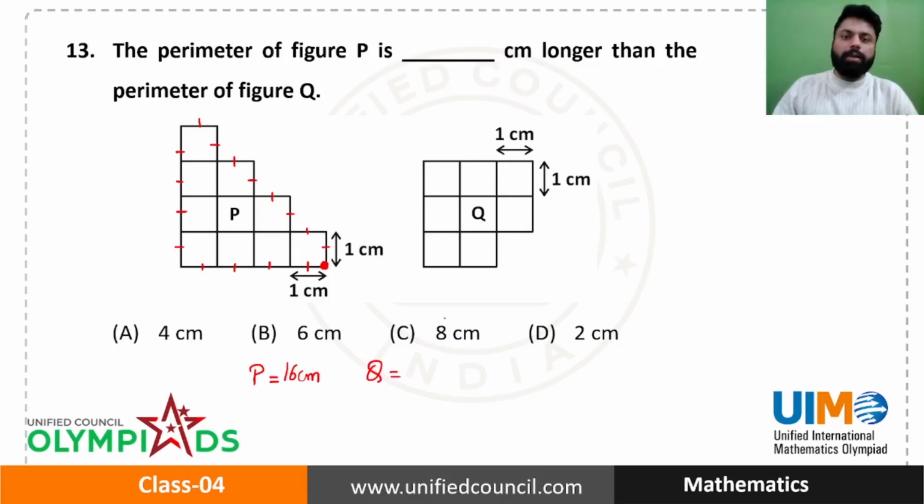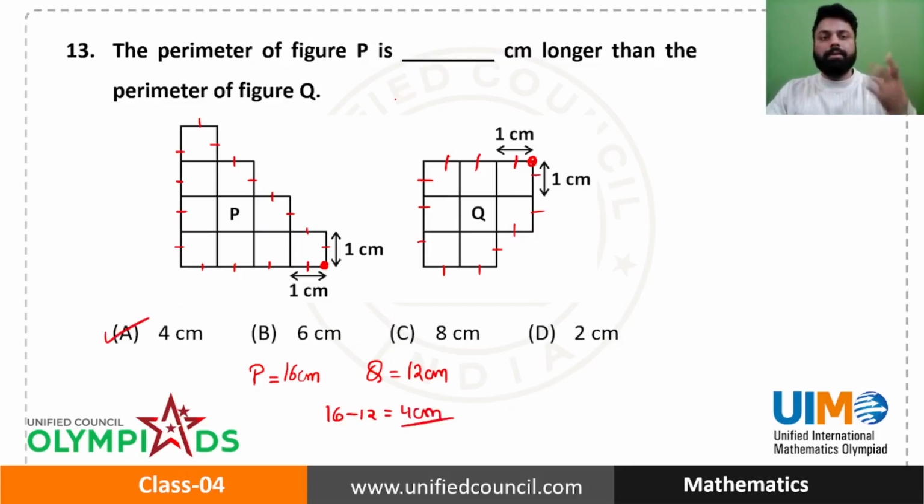And for Q, let's start from here. 1, 2, 3, 4, 5, 6, 7, 8, 9, 10, 11, 12. It's 12 centimeter. Now P is how many centimeter longer than Q? So 16 minus 12, that is 4 centimeter. Basically, perimeter is the external boundary that we cover, the external length for any sort of figure.